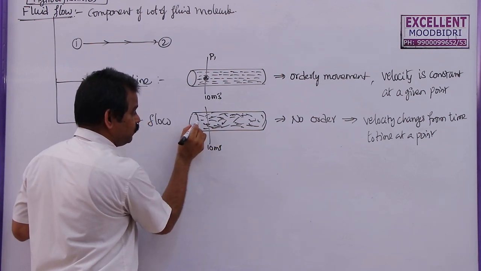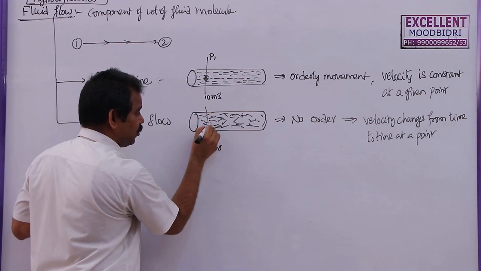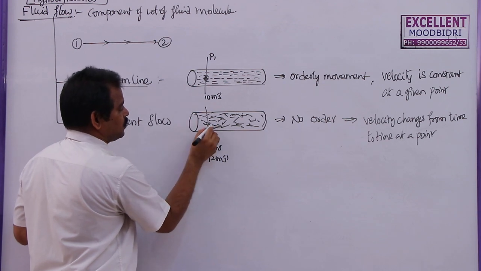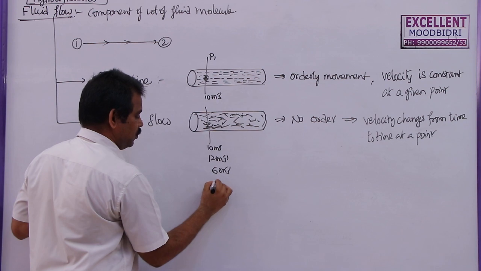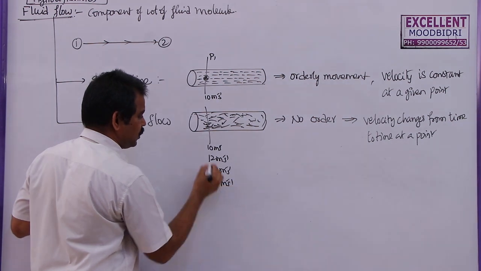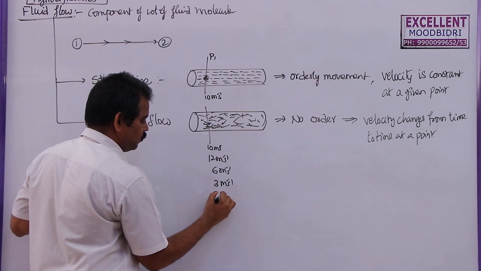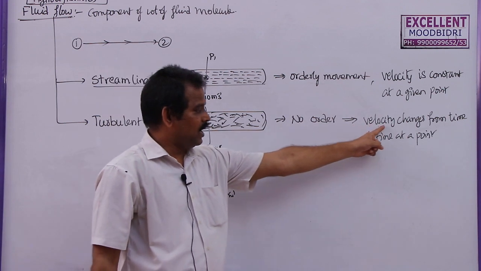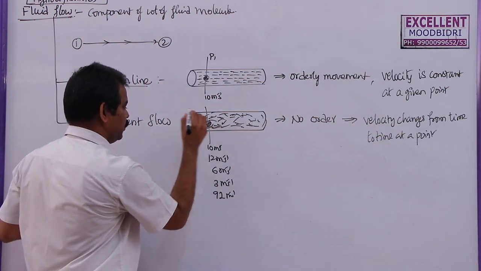The next one which is coming from somewhere either in this direction or in this direction will cross this one with 12 meter per second, and one more particle which is crossing here may have 6 meter per second, and the other one may have 3 or 4 meter per second, and the next one which is crossing here may have 92 meter per second. That means this is the meaning of this one. Velocity changes from time to time at a given point. So this is called turbulent flow.